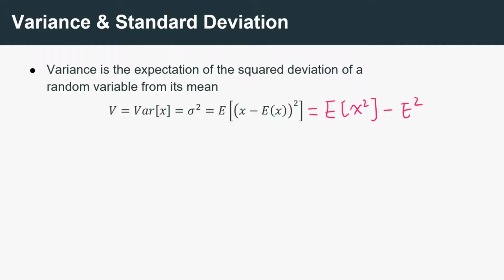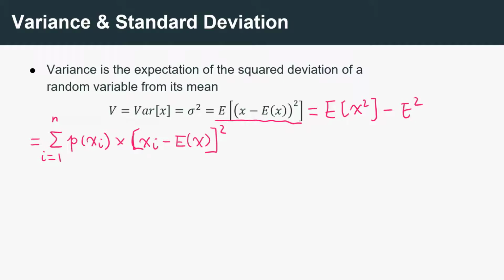Let's use it to calculate the expected value of that squared deviation. It is equal to the summation of the probability of xi happening times the square of xi minus the expectation of x. And that is the definition of expected value.